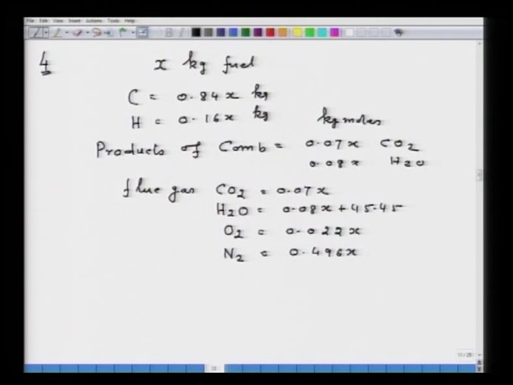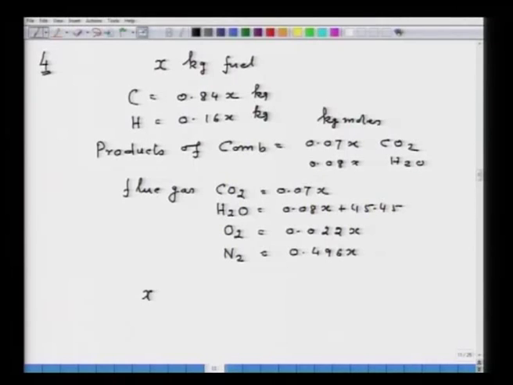Now, one has to again do the heat balance, heat input and heat output. This heat input and heat output I already did in problem number 3. If you balance both, then the only unknown will be x, and this x will come out to be equal to 144.4 kg.